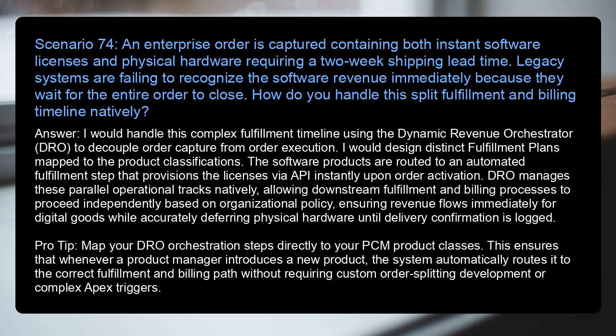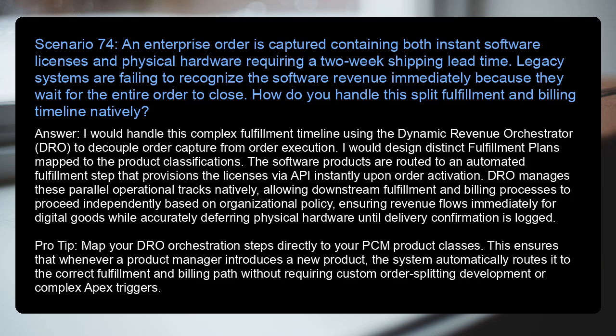The software products are routed to an automated fulfillment step that provisions the licenses via API instantly upon order activation. DRO manages these parallel operational tracks natively, allowing downstream fulfillment and billing processes to proceed independently based on organizational policy, ensuring revenue flows immediately for digital goods while accurately deferring physical hardware until delivery confirmation is logged.